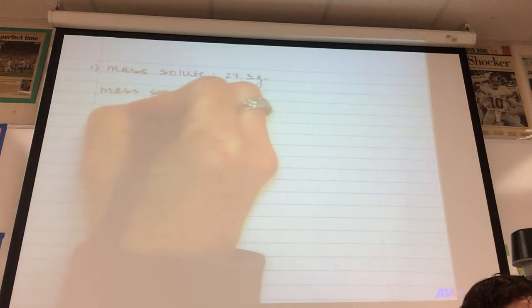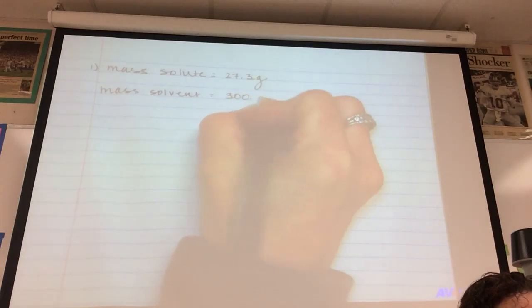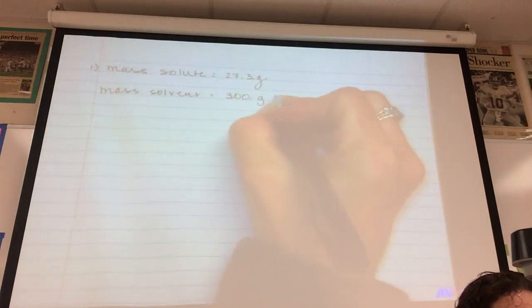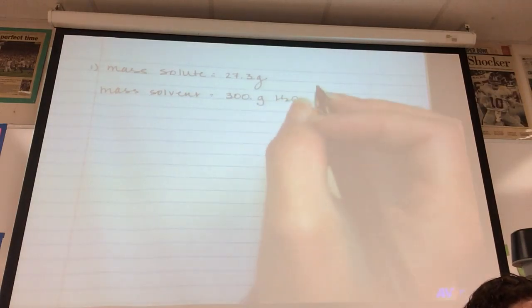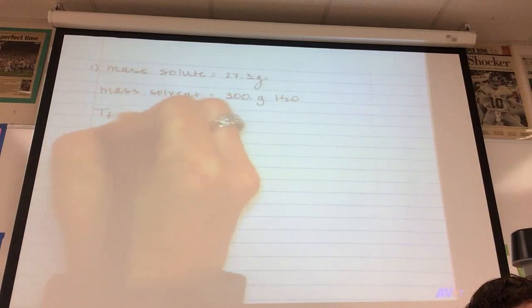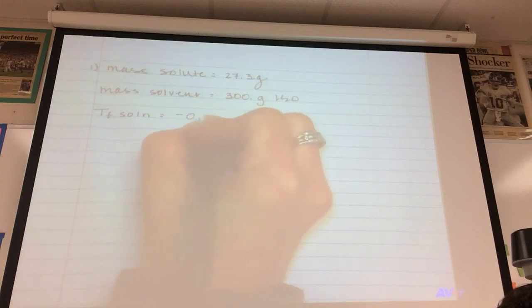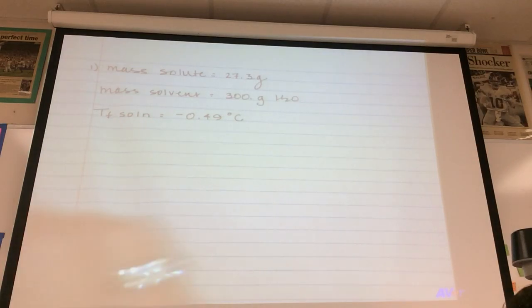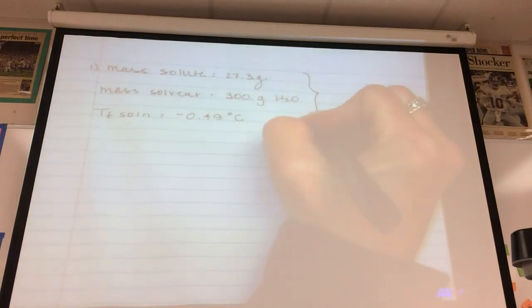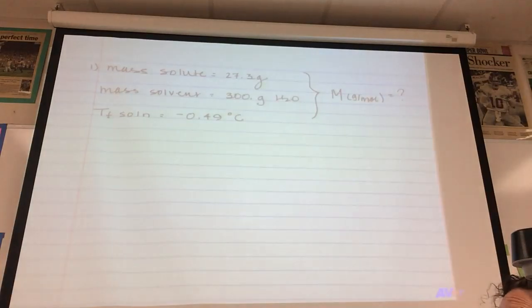The mass of the solvent is 300 grams of water. You need to know what the solvent is. And the solution begins to freeze, so the freezing point of the solution is negative 0.49 degrees Celsius. And from all of this, we want to get the molecular mass in grams per mole of the substance.